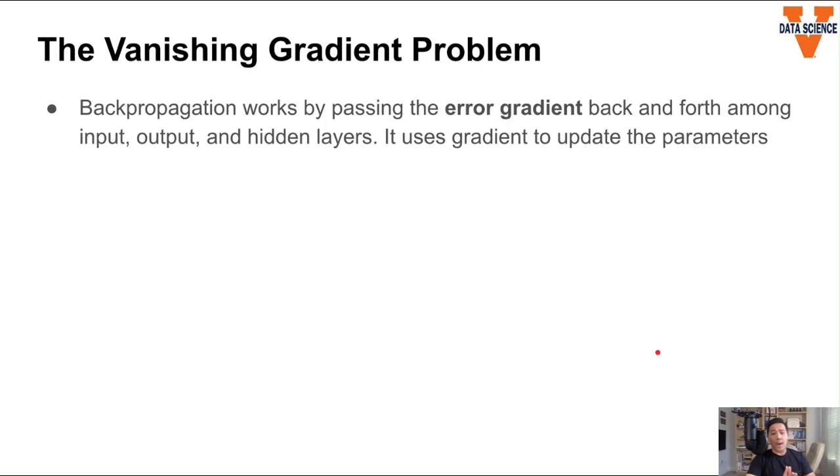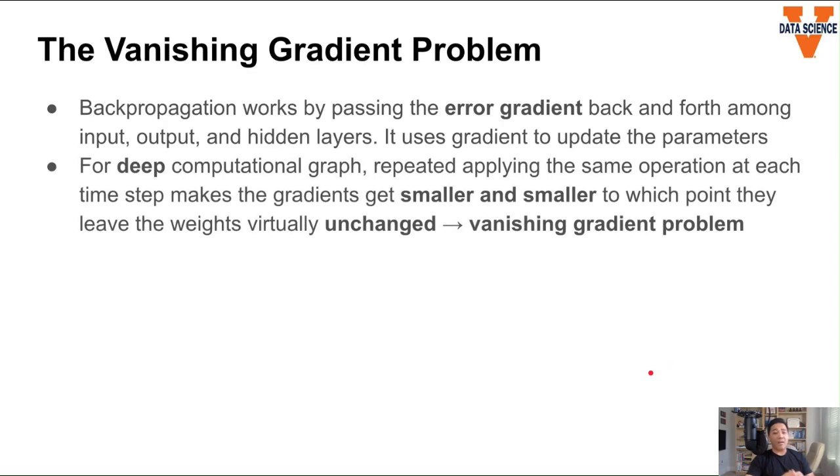It happens when you pass the error gradient back and forth using backprop, from the input to the hidden layer to the output, and use that gradient to update the model parameters. When you have a very deep computational graph, repeatedly applying the same operation at each node again and again makes the gradient smaller and smaller.